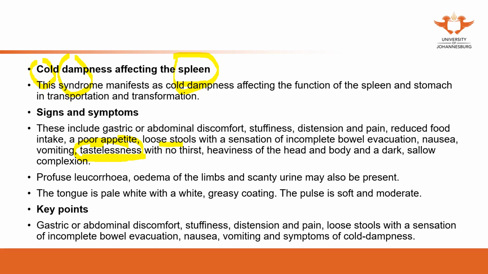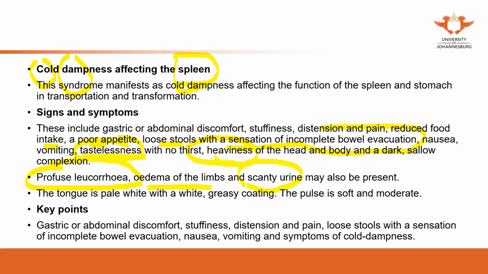Loose stool, poor appetite, reduced food intake, sensation of incomplete bowel evacuation, nausea, vomiting. So these are all the functions of the spleen. Heaviness, that's from the dampness. Leukorrhea, that's because of the coldness, and edema of the limbs is also because of the coldness.